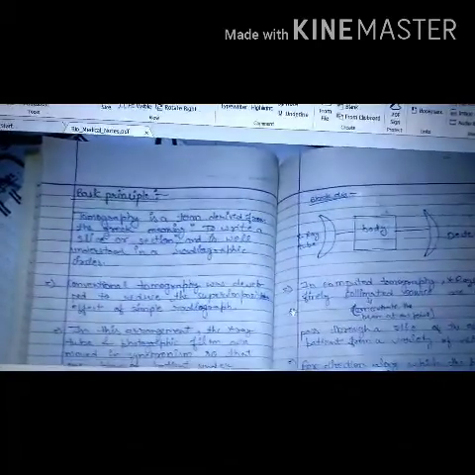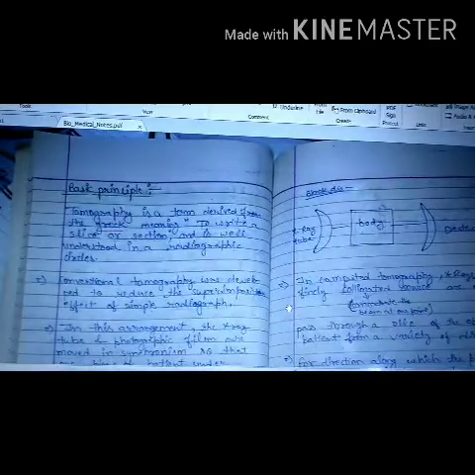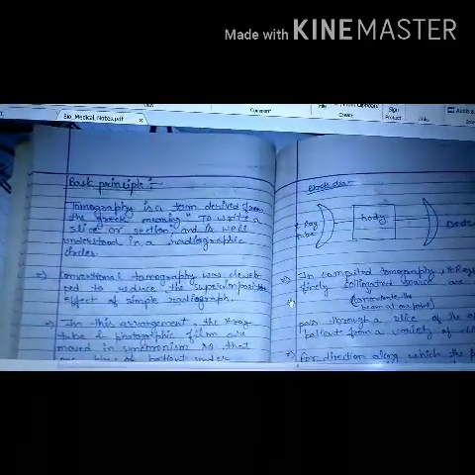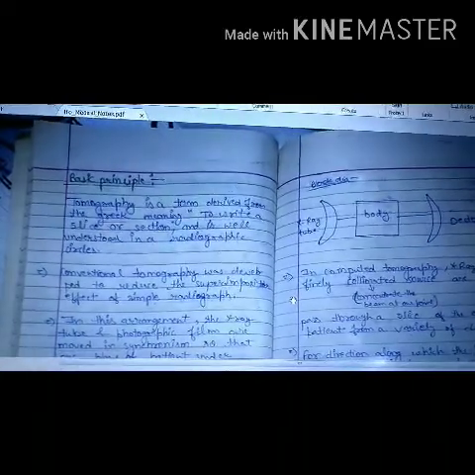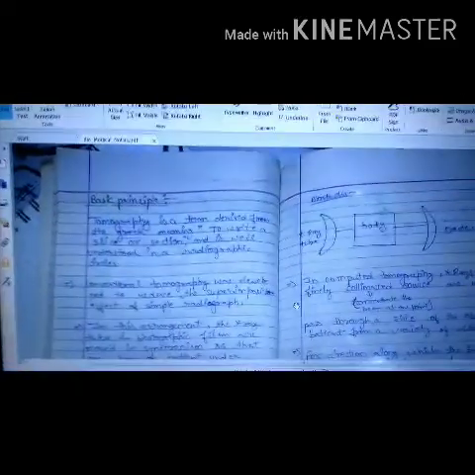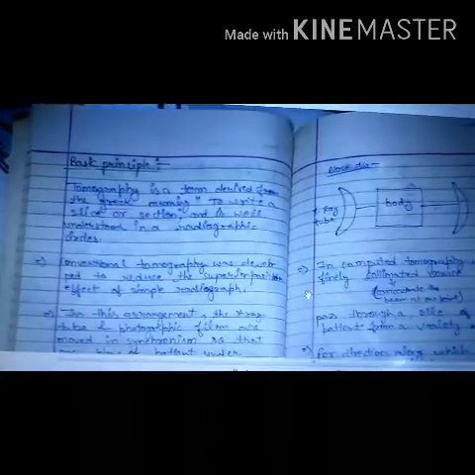Conventional tomography was developed to reduce the superposition effect of simple radiographic images. Again, take the rib cage as an example: if we are taking a radiograph of our rib cage, different organs are overlapped over one another.